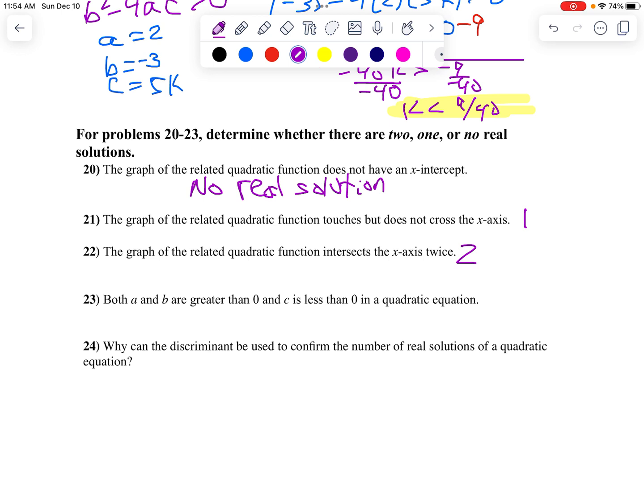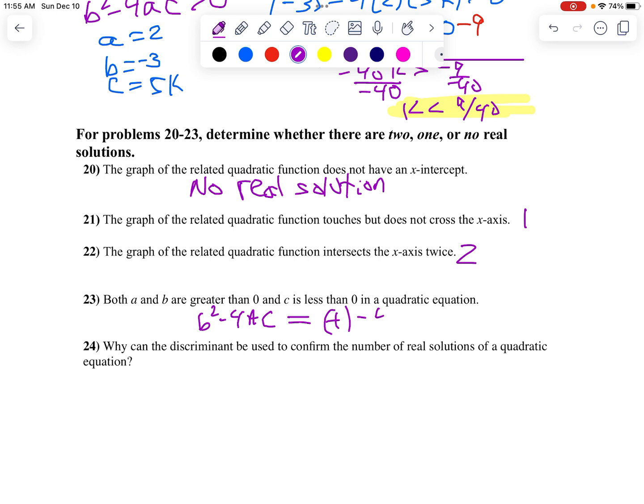If both a and b are greater than 0 and c is less than 0, so in other words, I want to do b squared minus 4ac. Okay, and that means we're going to take a positive, because b is positive, and I'm going to square that.